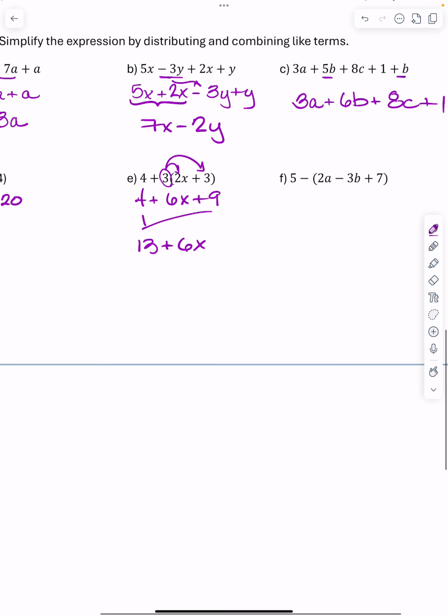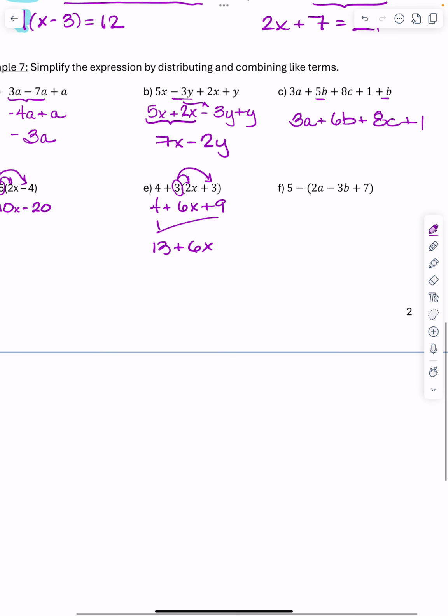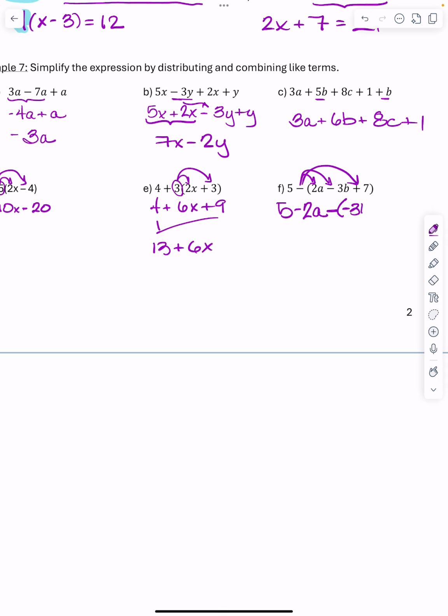The last one we want to pay attention to is the understanding that when I am subtracting a whole set of parentheses, that minus applies to everything. So this is 5 minus 2a minus 3b minus 7.